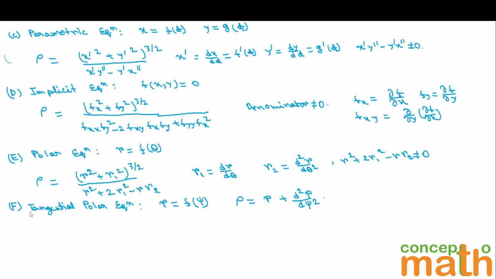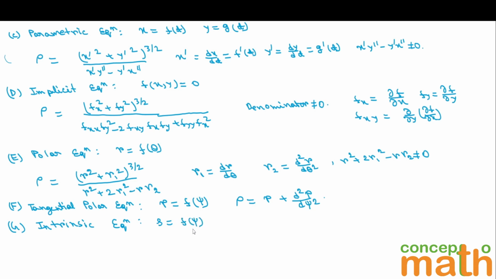And if we have one more, intrinsic equation, so intrinsic equation means it has direct relation between the arc distance from a fixed point on the curve and the tangential angle psi.